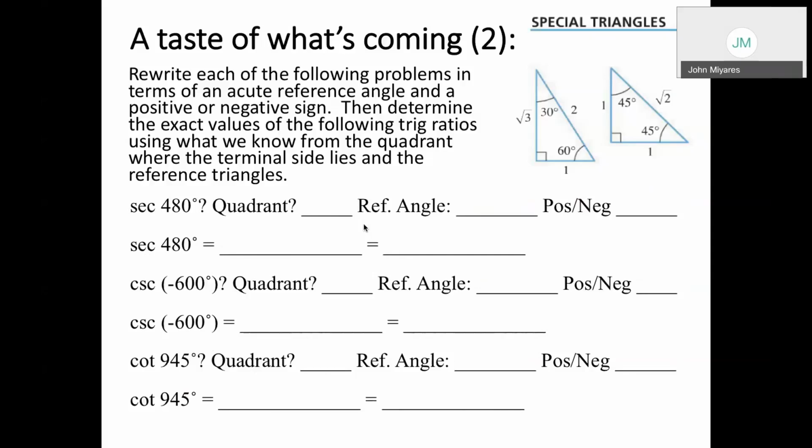So we're going to have to think about how these secondary trigonometric ratios behave relative to the primary trigonometric ratios they are the reciprocals of. What I'll give as a hint is that the secant will behave the same as the cosine, the cosecant will behave like the sine, and the cotangent will have the same sign patterns as the tangent, based on the fact that they're all reciprocals of each other.